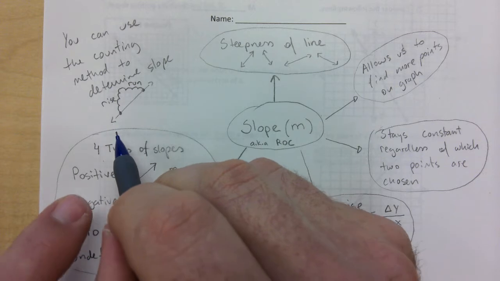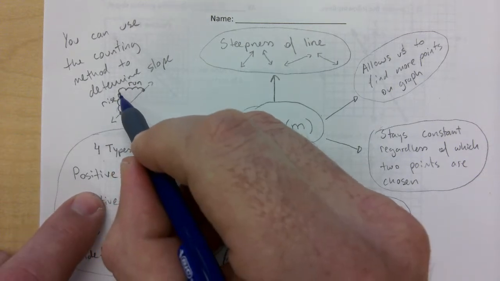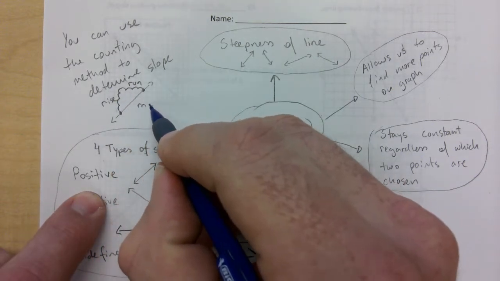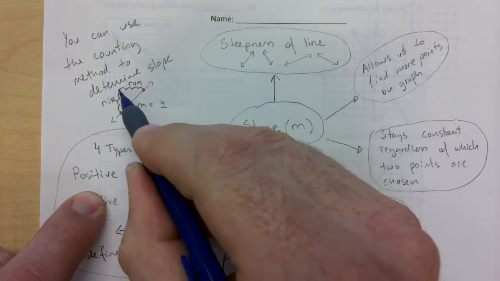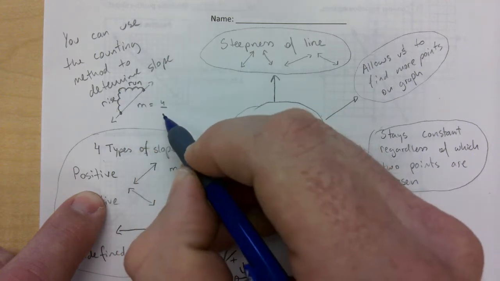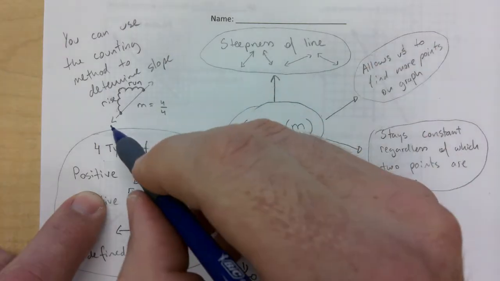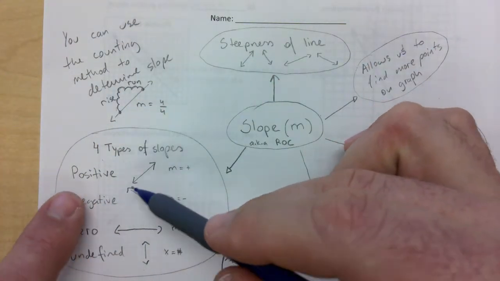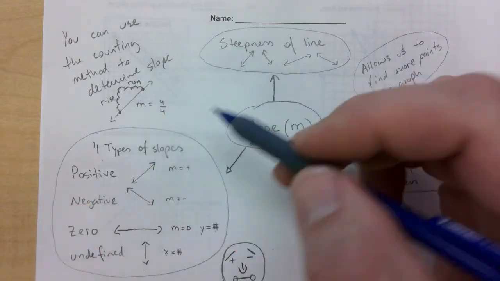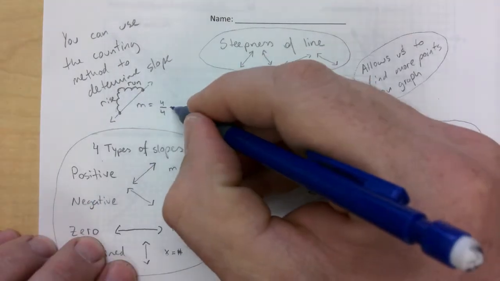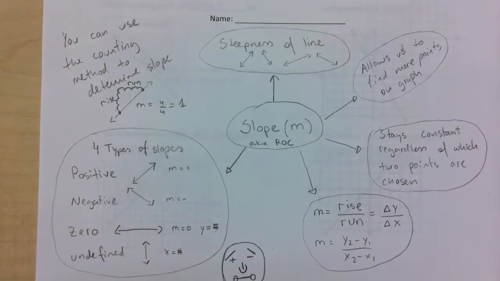And then it's like, okay, I rose 1, 2, 3, 4, right? And I ran 1, 2, 3, 4 as well, coincidentally, right? And it's positive because it's going up, it's increasing from left to right, so it's just that. So my slope is really just 1, a slope of 1.